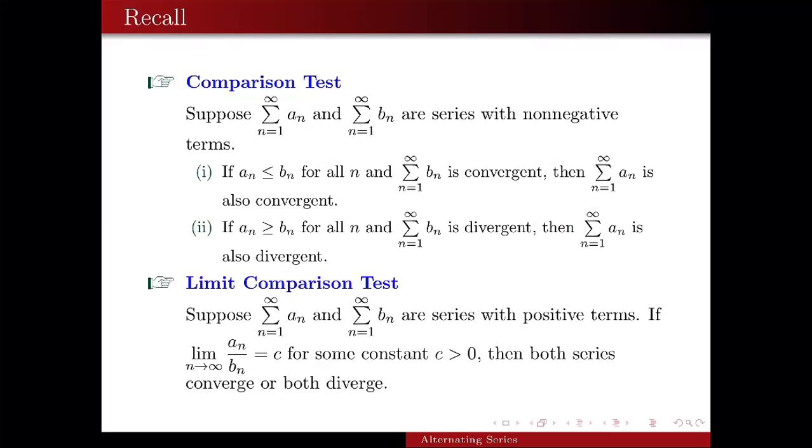And then we have the limit comparison test, where we don't need to know which terms are bigger and which terms are smaller. So here you have the series an and the series bn, again with positive terms. If the limit of an over bn is a positive constant, then both series converge or both series diverge.